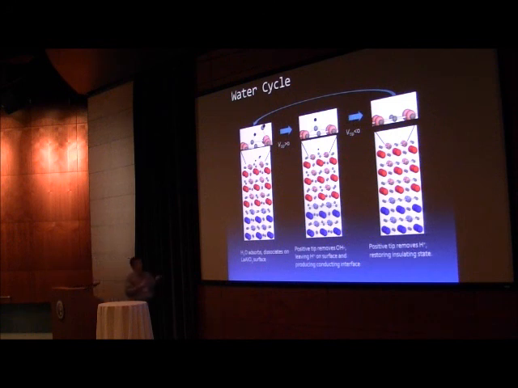And that creates locally this conducting region, and then we can change the sign of the tip voltage and remove that H plus, and then maybe another water molecule will come back and complete the cycle. So we call it a water cycle, and we've done some experiments which seem to support this idea.